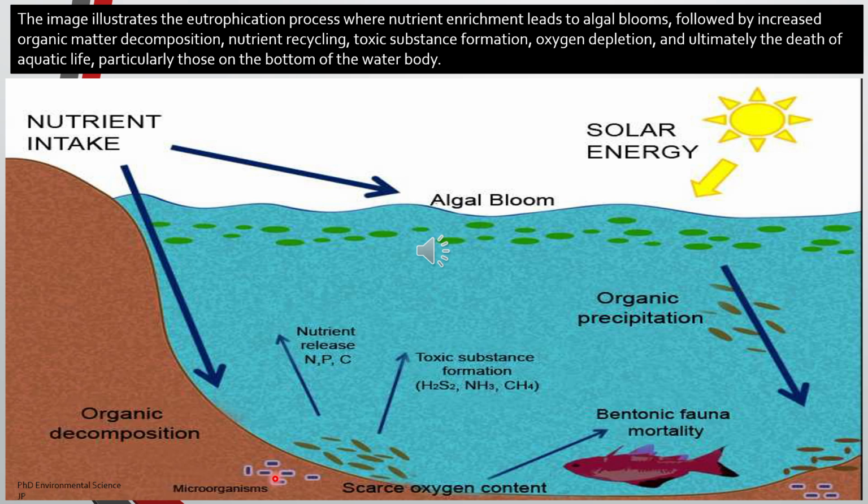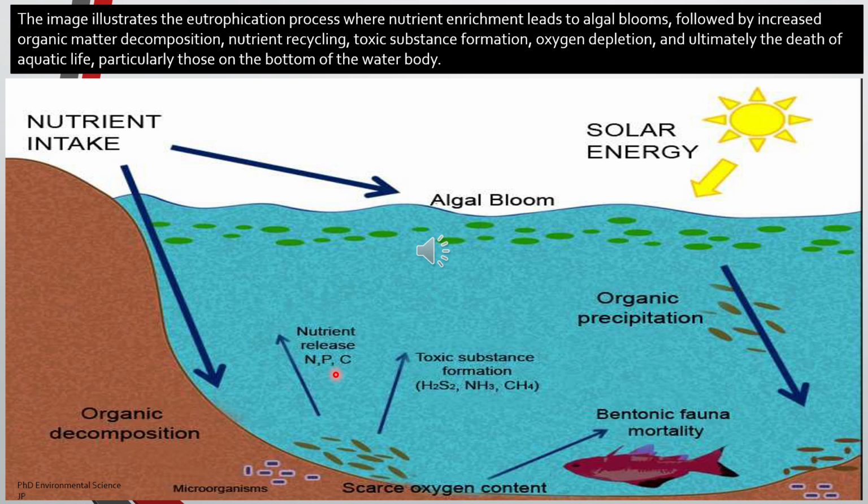This process consumes a significant amount of dissolved oxygen in the water. Nutrient release. Decomposition releases nutrients like nitrogen, phosphorus, and carbon back into the water. These released nutrients can fuel further algal blooms, creating a cycle of eutrophication.